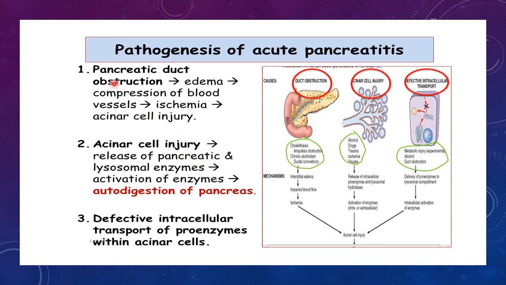Okay, so these three, pancreatic obstruction, acinar cell injury, and defective intracellular transport of proenzymes, all result in injury of the acinar cell and release of the enzymes that cause autodigestion of the pancreas.